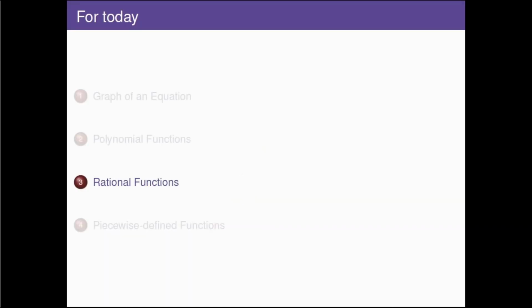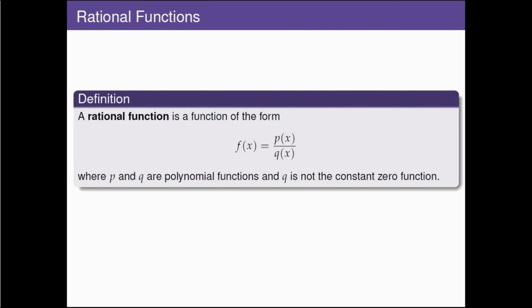We now proceed to rational functions. A rational function is a function of the form f of x equals p of x over q of x, where p and q are polynomial functions and q is not the constant zero function.